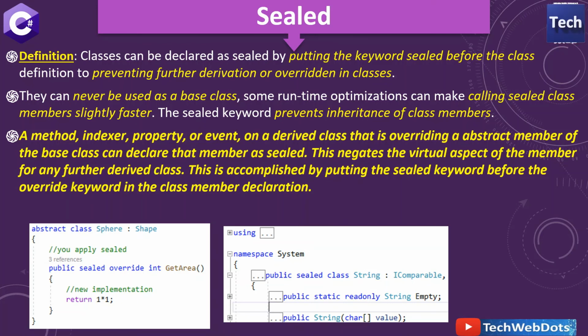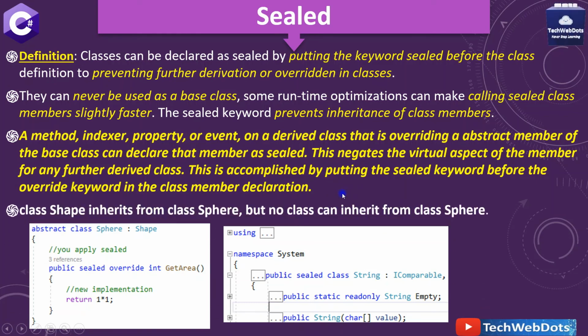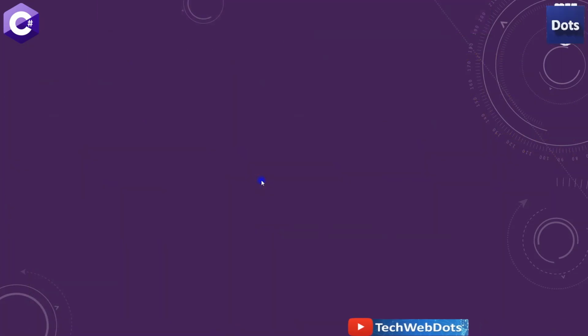So this is accomplished by putting the sealed keyword simply before the override keyword in the class member declaration. As I have shown this in a practical way, you can specify sealed before override. So now it negates all further derivations. Class sphere inherits from class shape, but no class can inherit from class sphere. Okay, I hope it is clear now.